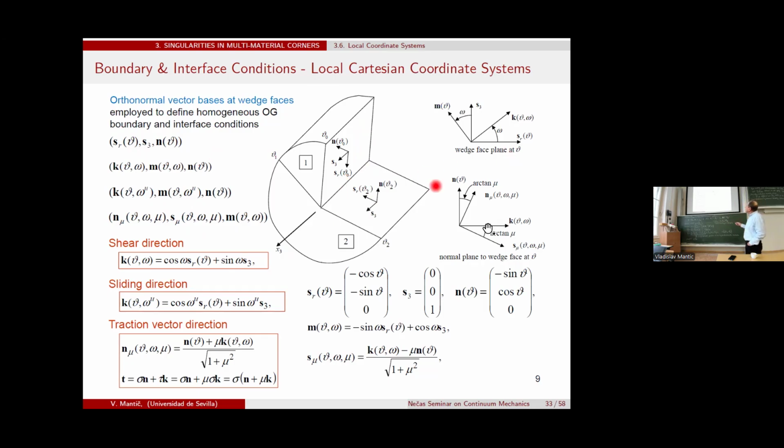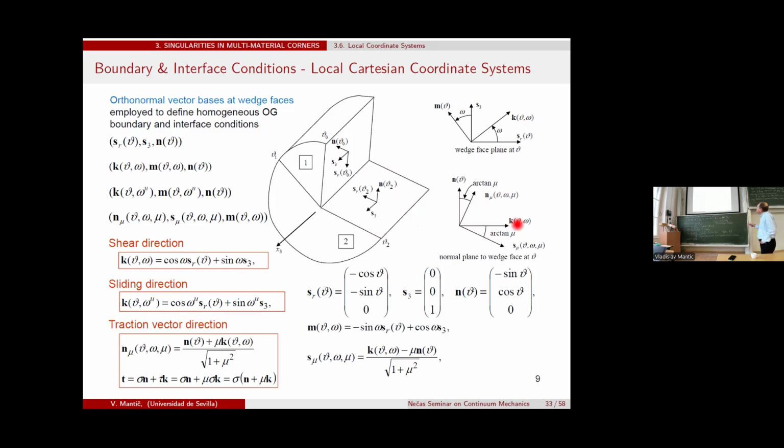These are standard coordinate systems, let's say cylindrical coordinates: N is the normal vector to the face, S_R is in the radial direction, and S3 in the X3 direction. Because of friction, we also need to introduce vector K, which is the direction of the friction shear stress vector in the plane of the face or interface.